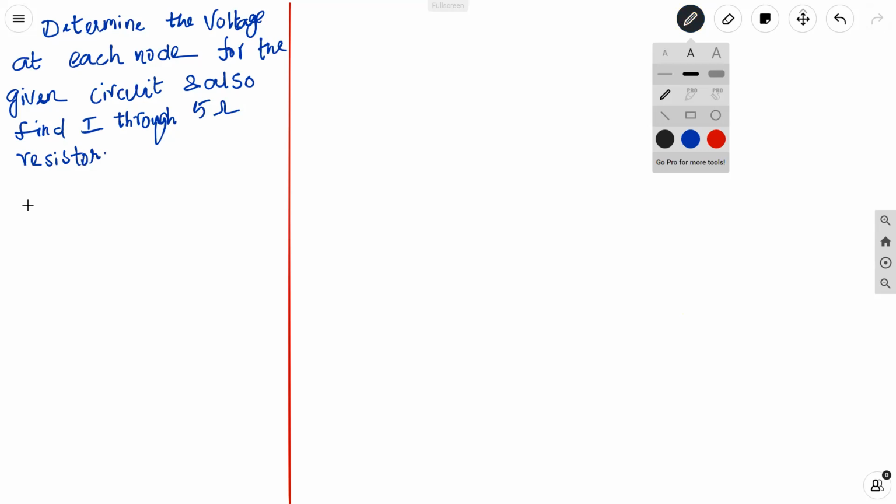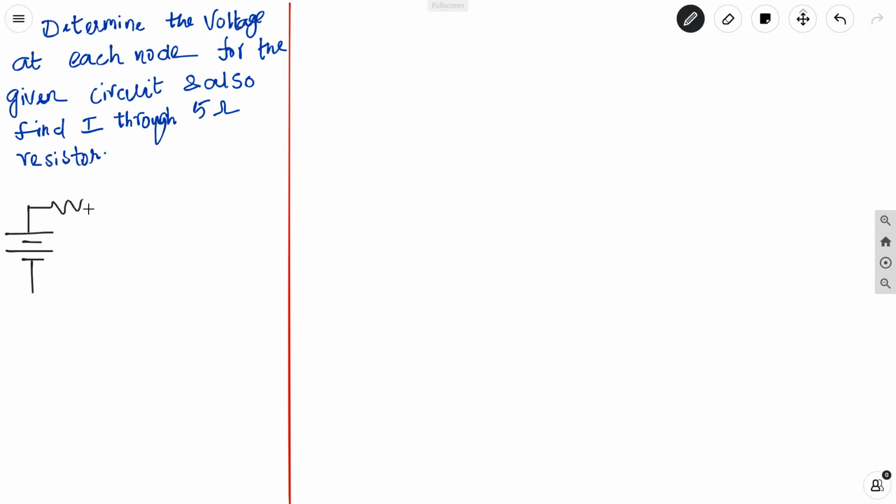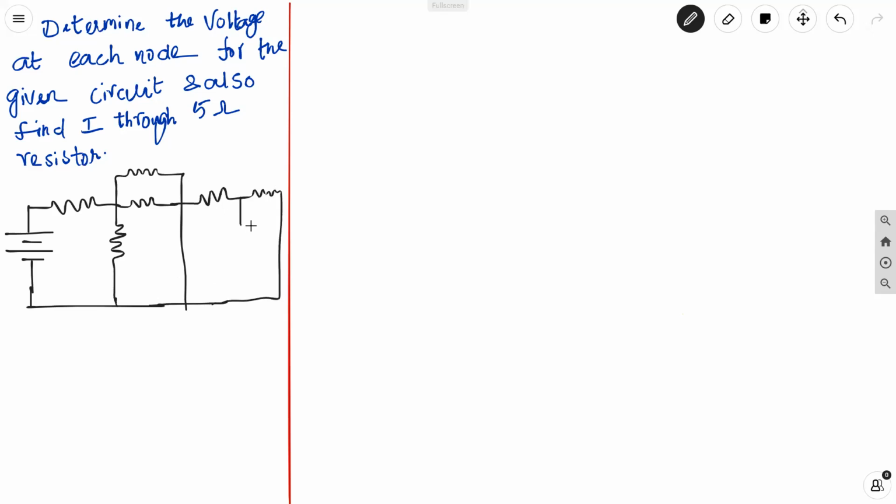Note on the circuit. This is the given circuit. The voltage 10 volt.